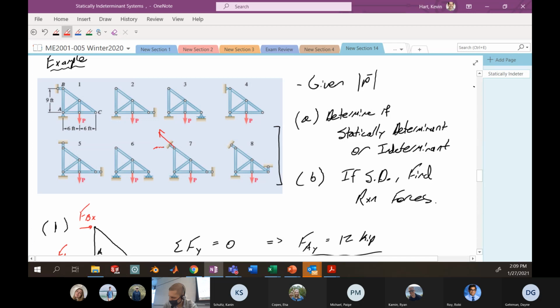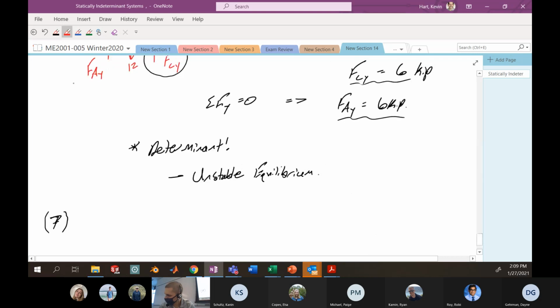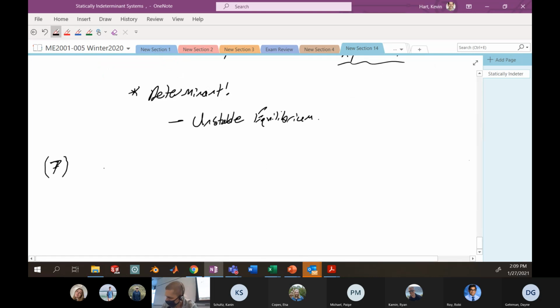And we actually can figure out what this angle is using some of the geometry of the problem. All right. So that angle there is going to be something like the inverse tangent of 9 on 12. So we could actually calculate what that angle is. So let's draw that in our free body diagram quickly.